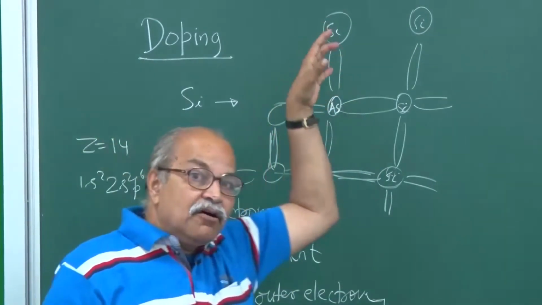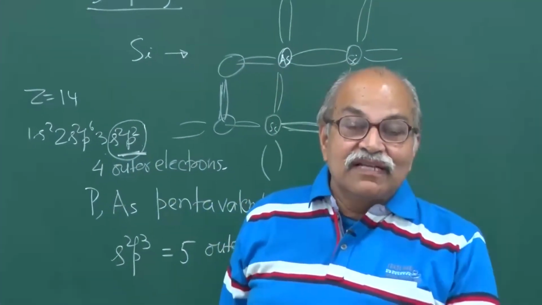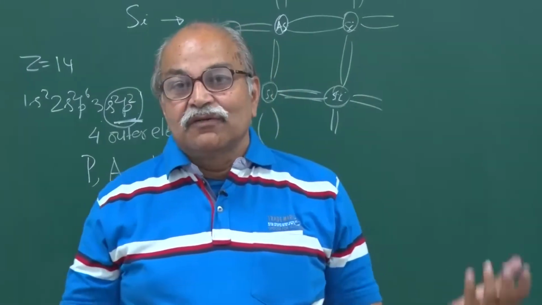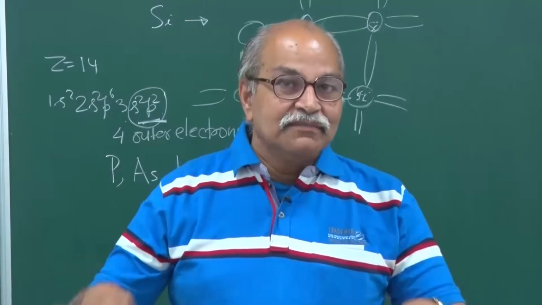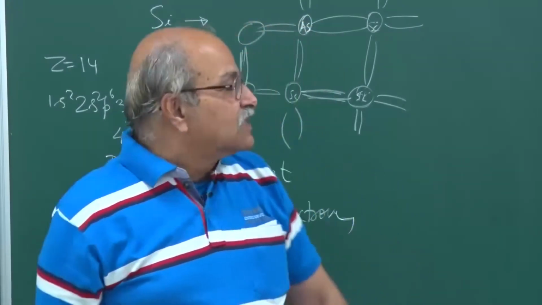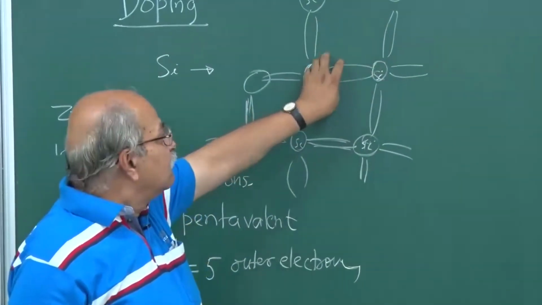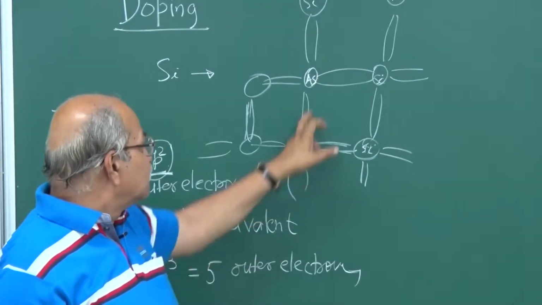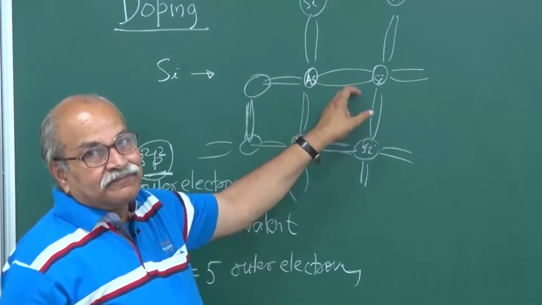In this kind of crystal structure, the minimum energy configuration is when 4 electrons go into sp3 quantum states and take part in bonding. So since the crystal structure is still the same, 4 of the outer electrons of arsenic will go into the bonding.